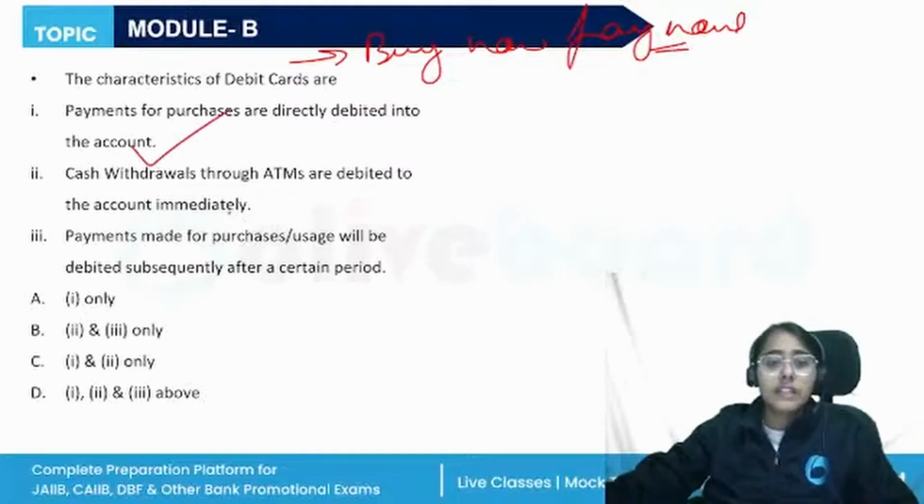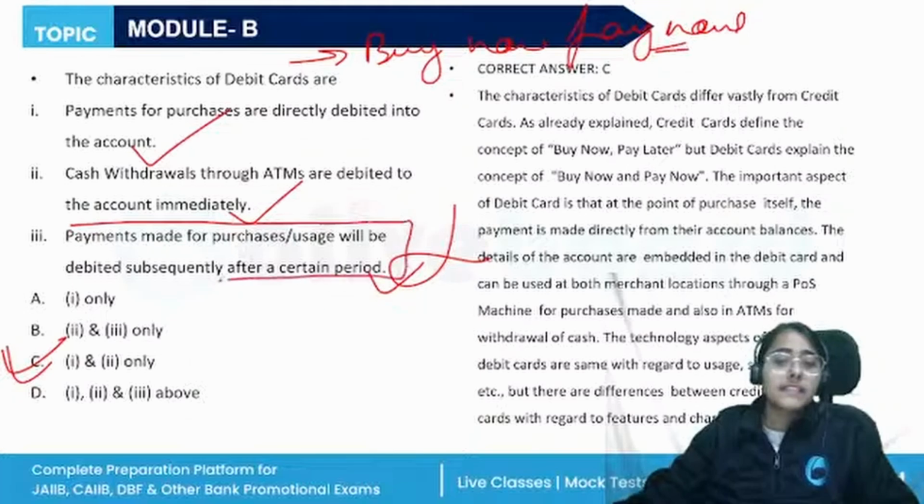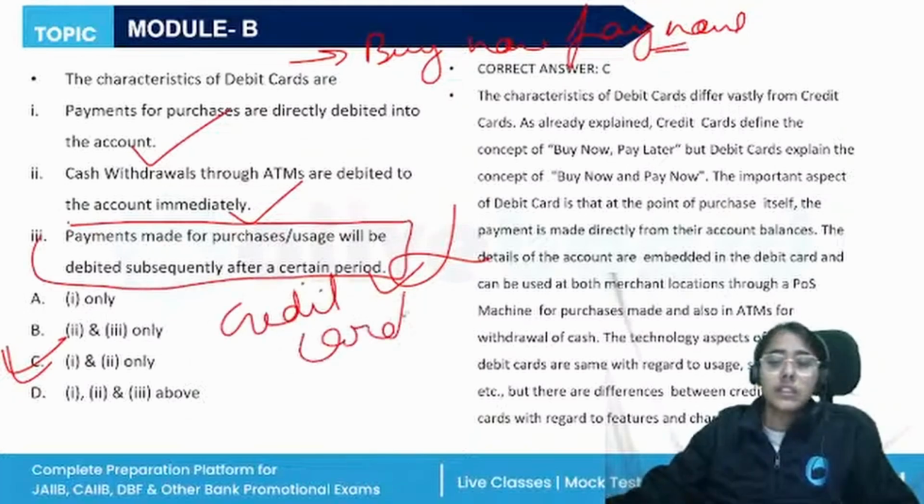Cash withdrawals are debited to the account immediately. Payments for the purchases usage will be debited subsequently after a certain period. So no. The correct answer will be 1 and 2 only. This third statement is related to a credit card.